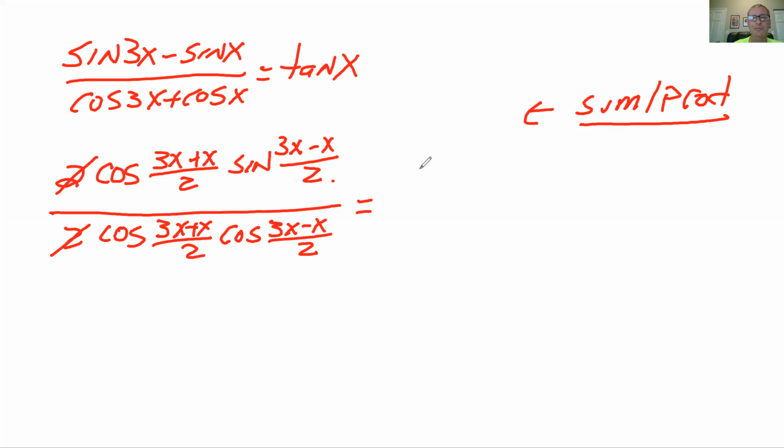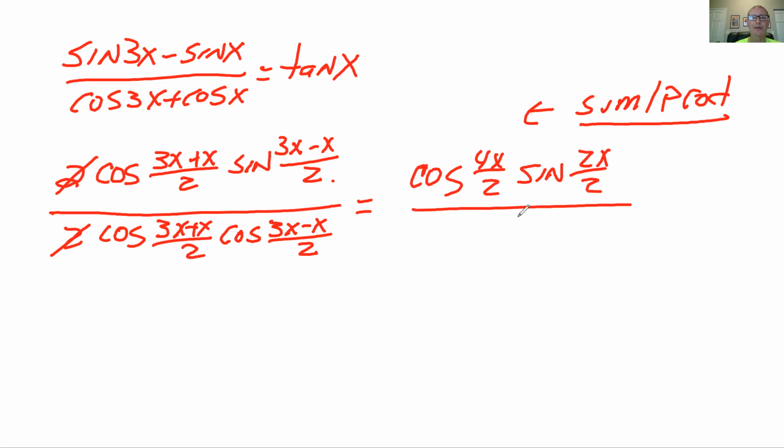And we have cosine of 4x over 2. And then we have sine of 2x over 2. And then on the bottom, we have, again, cosine of 4x over 2 and cosine of 2x over 2.